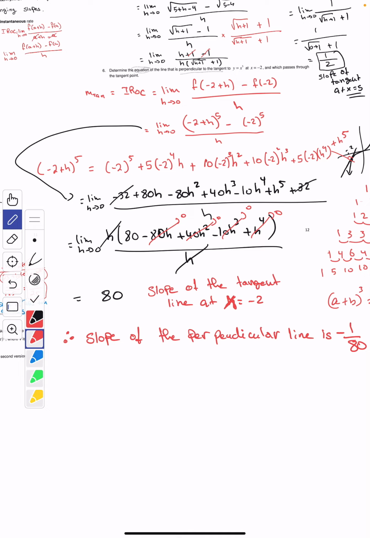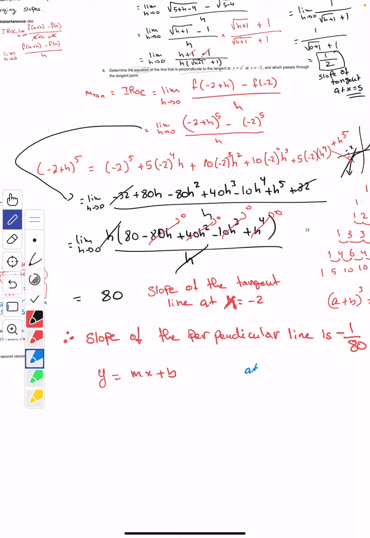Now I'm looking for the equation. So the equation for a line is y equals mx plus b. I already determined the m. I am looking to find my y-intercept. Now we know that the line passes through the point at x equals negative 2, and we determined that y will be negative 32. So let's write that down.